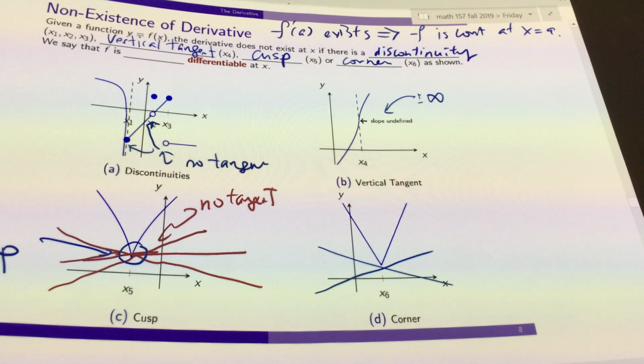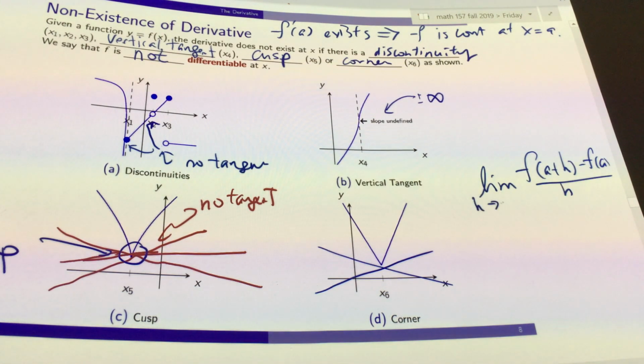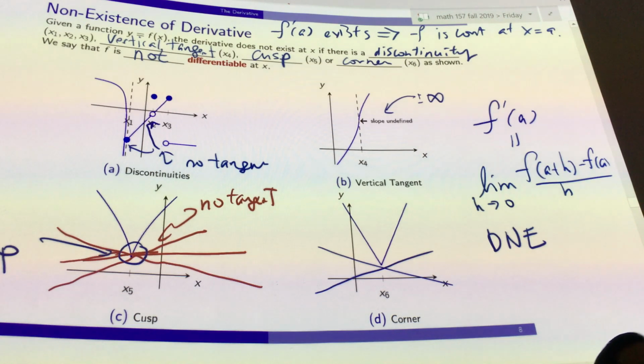So in all these cases, you cannot compute the derivative. That means the limit does not exist, or with this notation, f prime does not exist. So you don't have a slope or a tangent, and it should be one of these graphs.